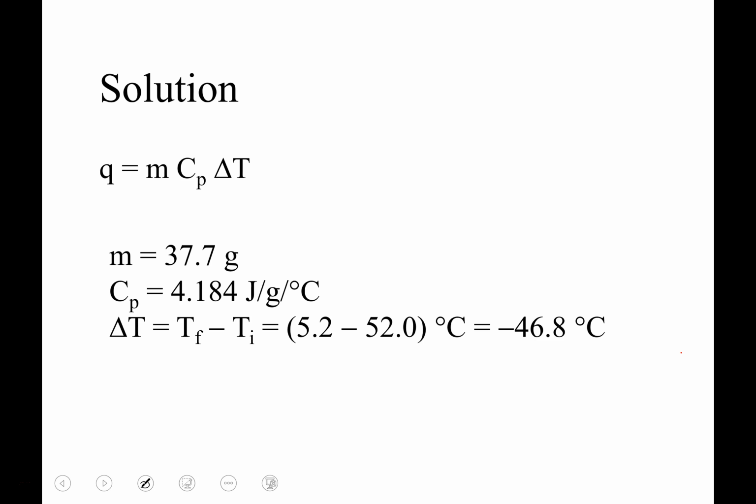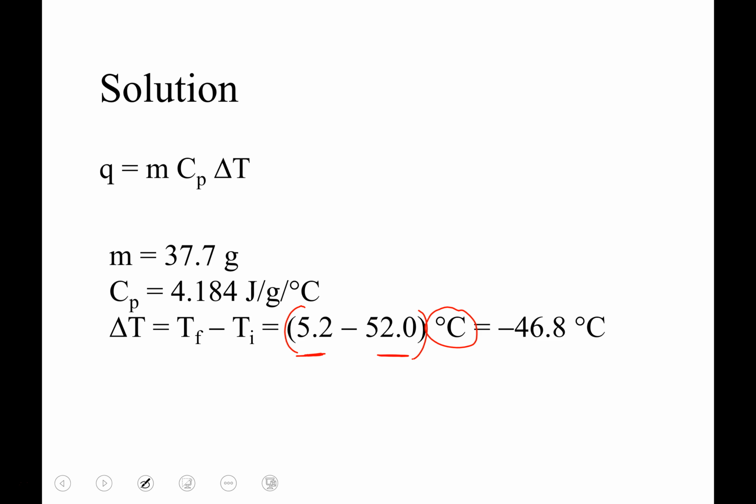If both of these temperatures have the same units, and you're subtracting or adding, you can put the numbers in parentheses and the units outside. That saves you some time. But since we're subtracting, we round according to decimals. So I get 1 decimal, negative 46.8 degrees Celsius. So that's our delta T.